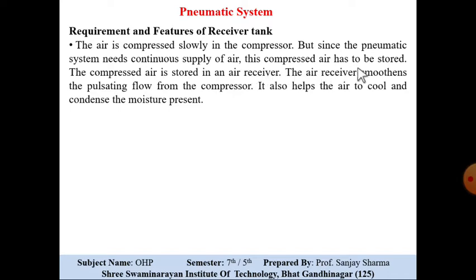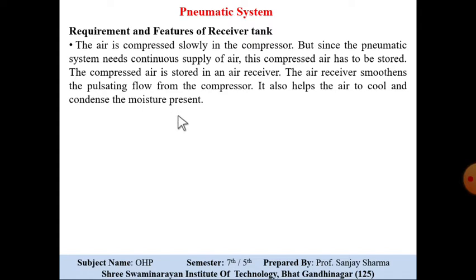So this compressed air has to be stored. The compressed air is stored in an air receiver. The air receiver smoothens the pulsing from the compressor. It also helps the air to cool and condense the moisture present in the air. As I told you, the water drain plug is there.